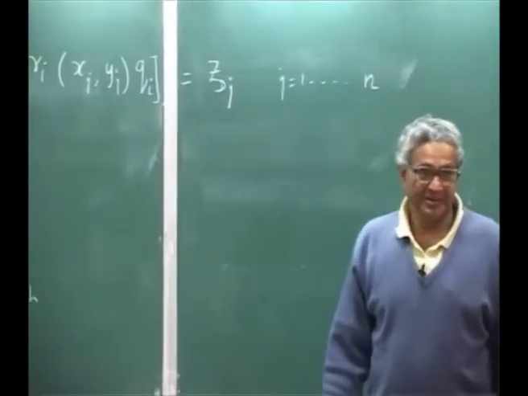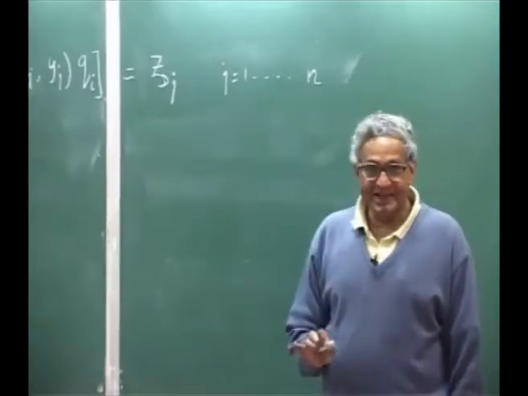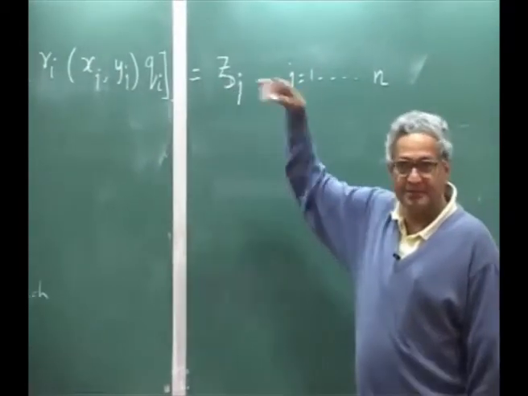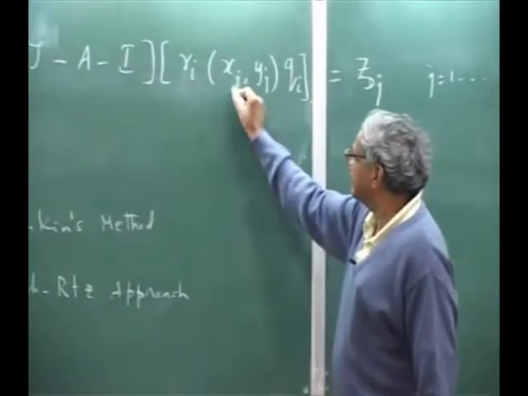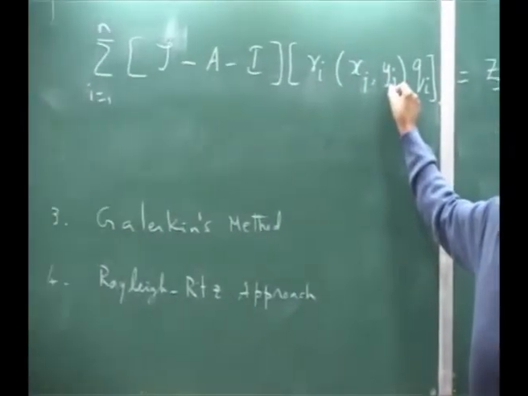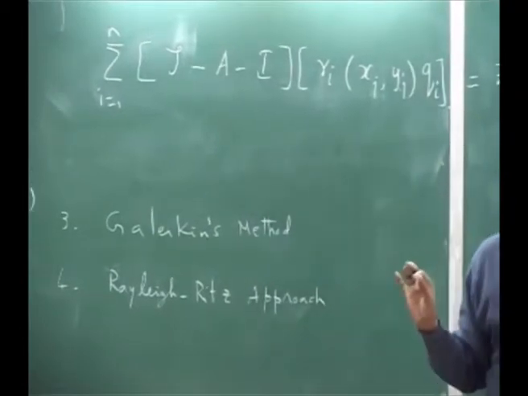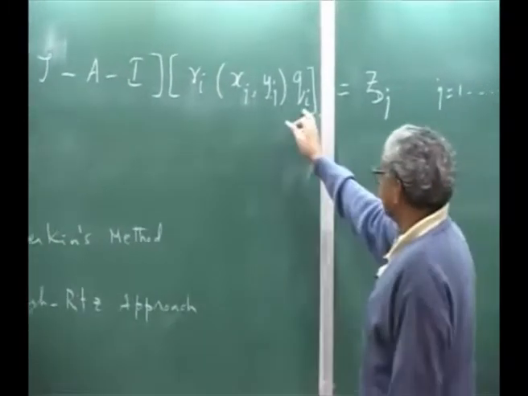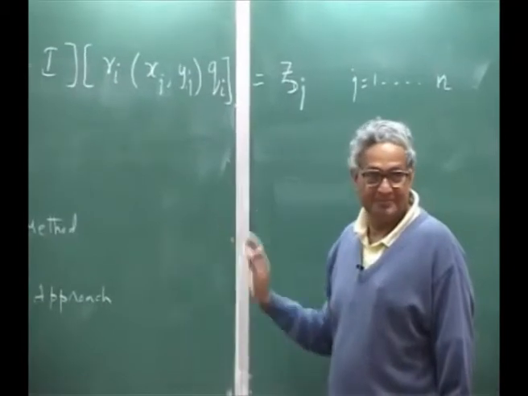Okay, you follow. Now I am actually taking the load at the jth location, finding essentially the deformation at the jth location. But this is due to various q i's, every q i will come.